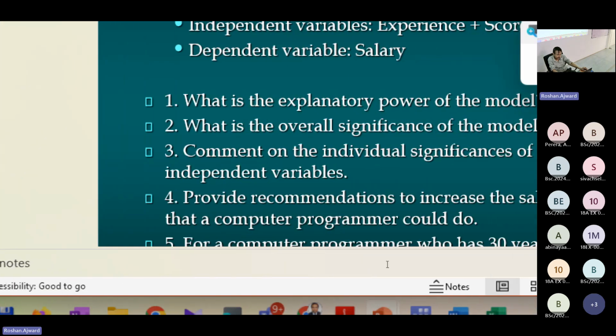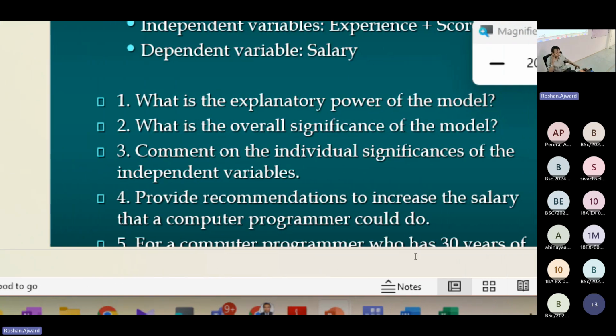Then provide recommendations to increase the salary that a computer programmer should follow. Give recommendations only for significant variables. Don't give recommendations if it is not significant. Here there are two independent variables, experience and marks. Can we give recommendations on both? Yes, because both are significant.